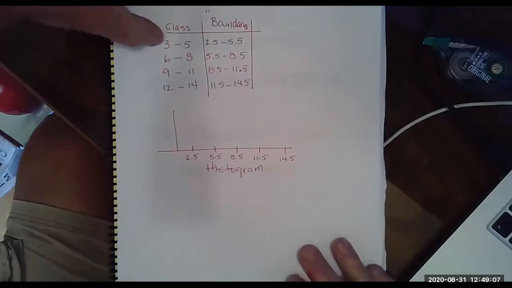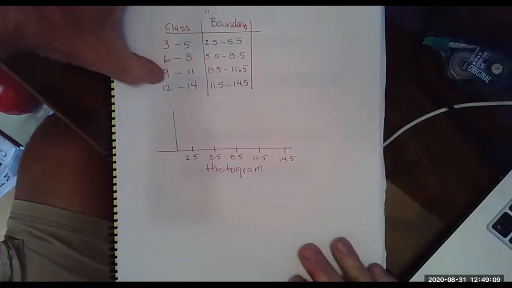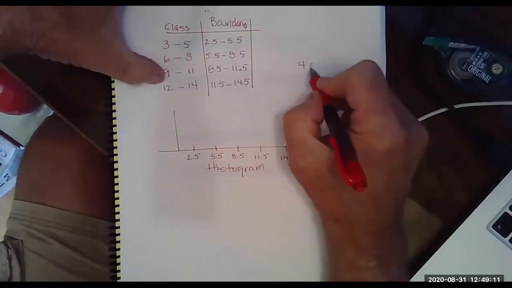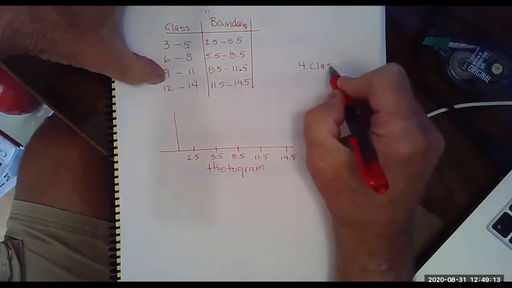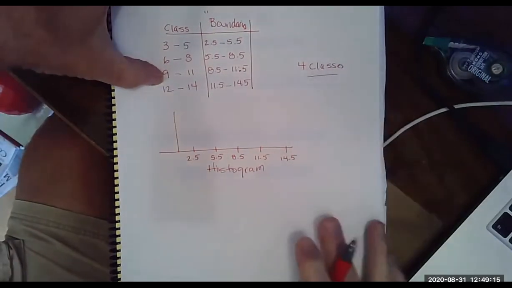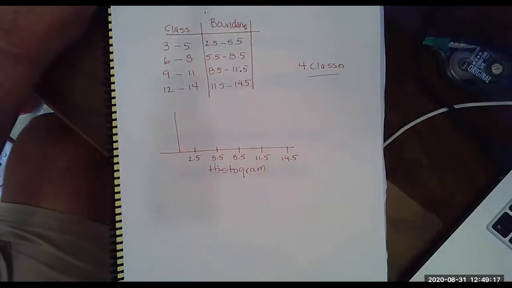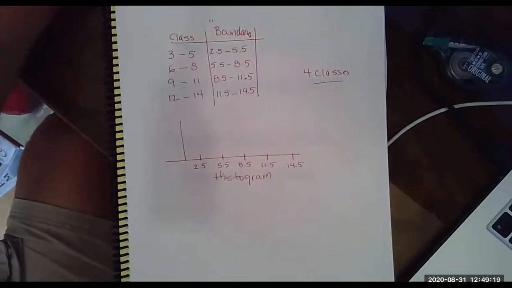So I'm looking at 1, 2, 3, 4 classes. Textbook says, generally speaking, what's the minimum number of classes? What's the textbook number?